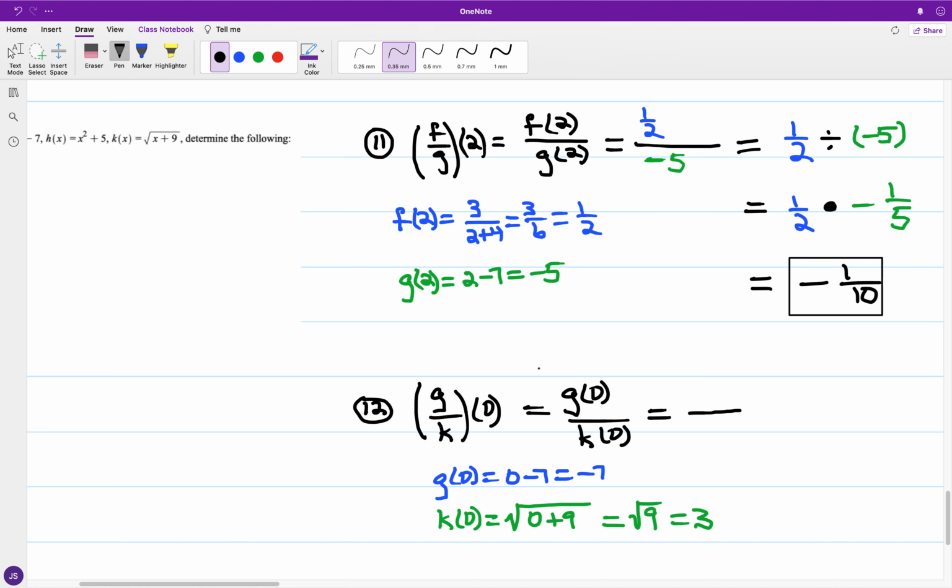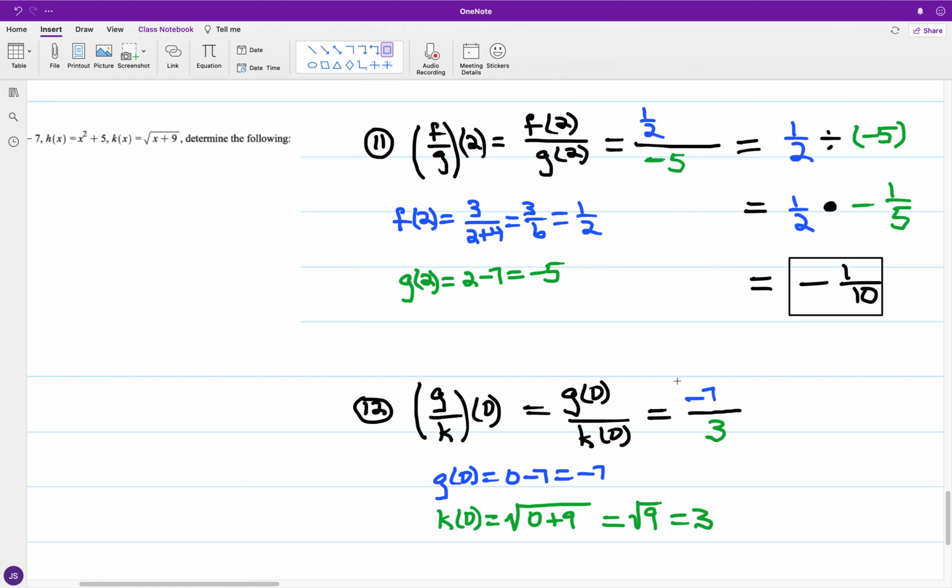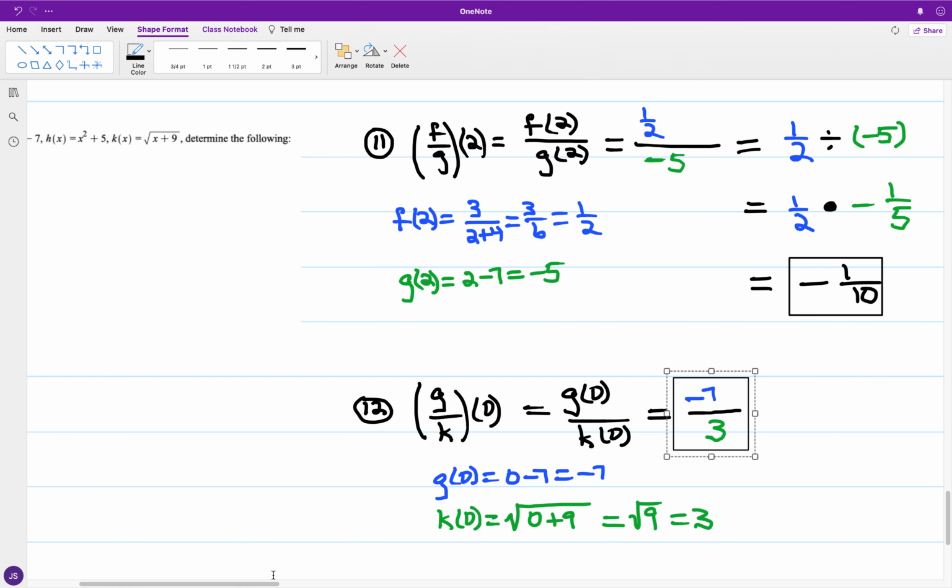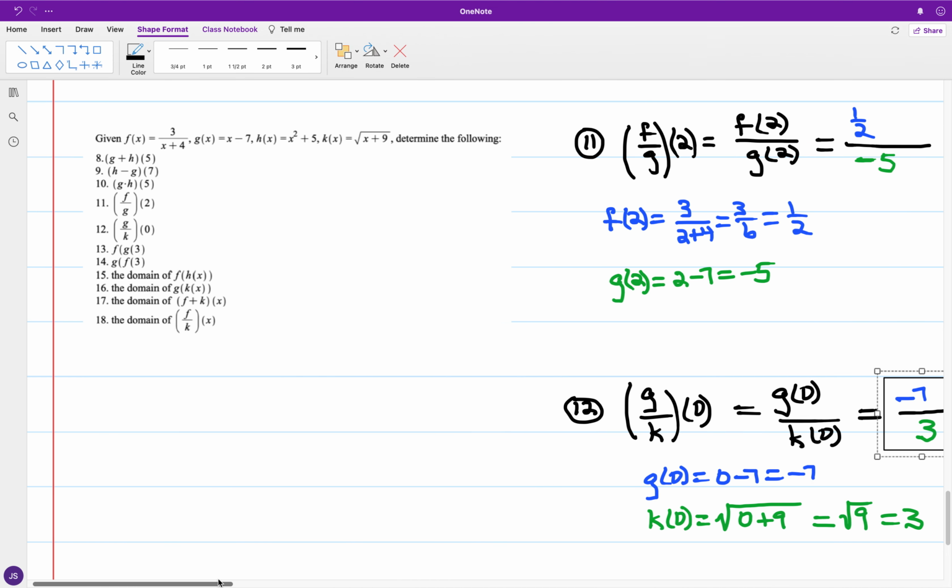So g of 0 is -7, and k of 0 is equal to 3. And so for the output, we just have -7/3. And you can just leave that as -7/3.